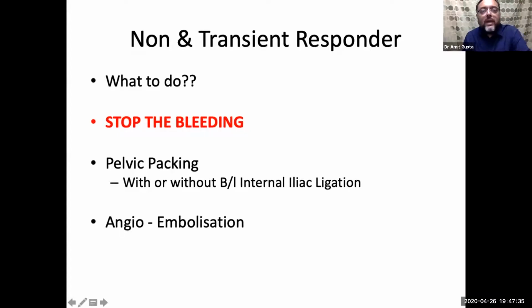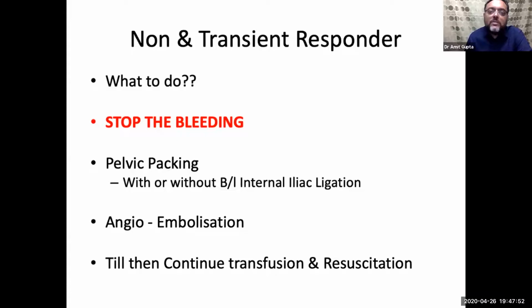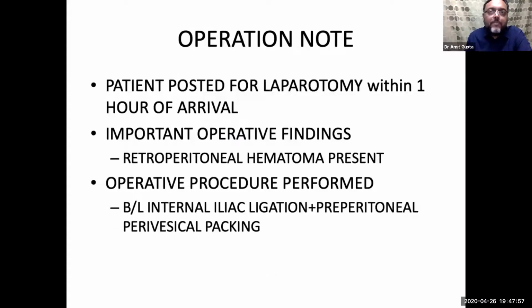We also have angioembolization facility, but obviously Dr. Shiva would be taking up the indications for angioembolization, and they are generally done in responders or transient responder patients. Till then, we continue to transfuse and resuscitate and shift the patient to the OR.